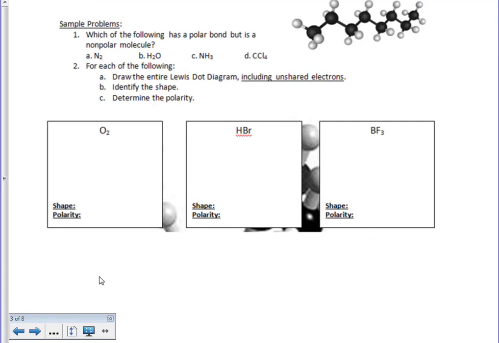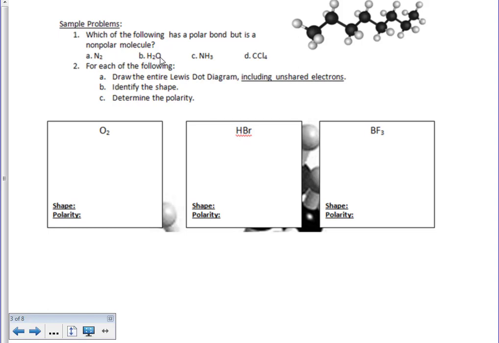So if we continue on here, we're going to look at a couple sample problems. It says, which of the following has a polar bond but is a nonpolar molecule? So we're looking for a difference in electronegativity, but all substituents to be the same. If we look at N2, this is going to be a nonpolar molecule and nonpolar bonded, because the difference between N and N would be 0.